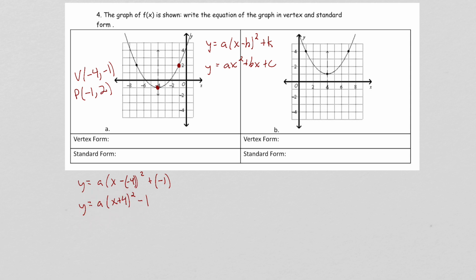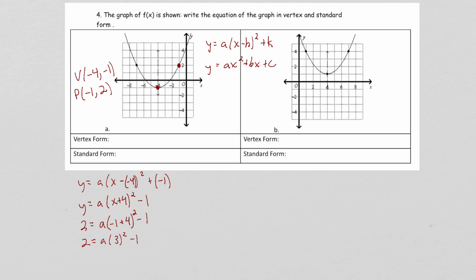So what do I get? 2, because that's the y value, is equal to a times, I'm going to put in the x value of -1, plus 4, close, and then squared. So that gives me 2 equals a times 3 squared minus 1.